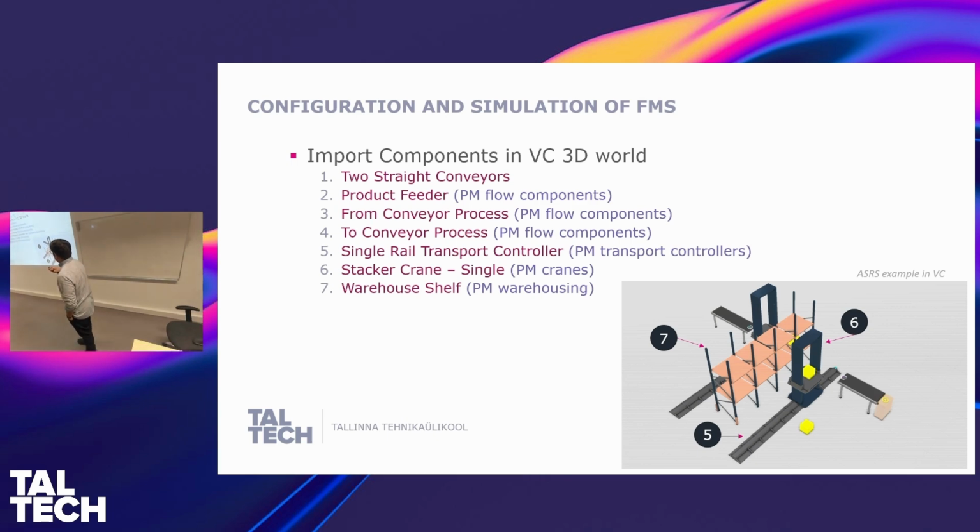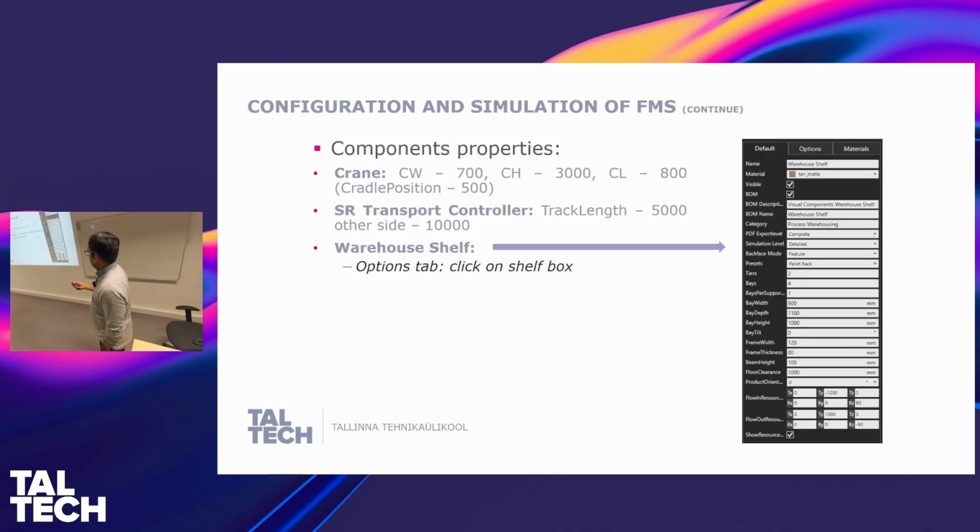It is in models by type, e-catalog, PM transport controller, PM cranes, PM warehouse, and whatever components you need to select, you can start working on by your own also.